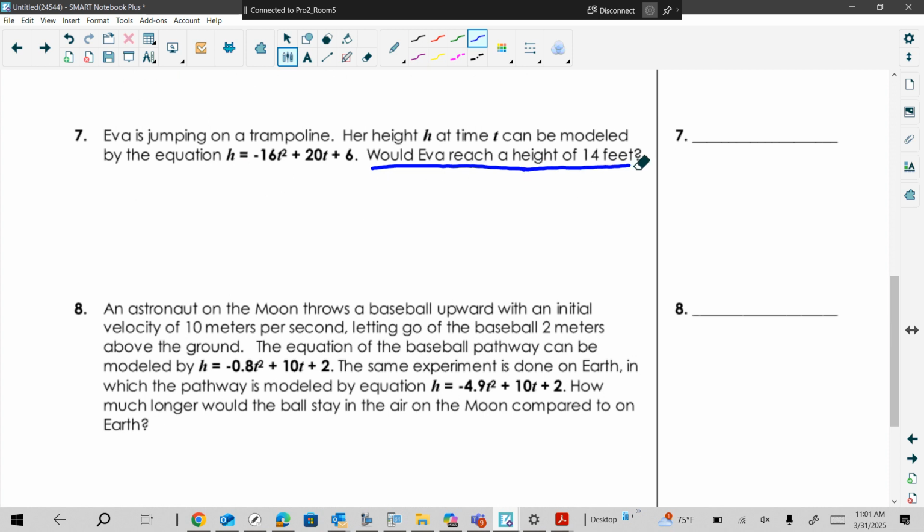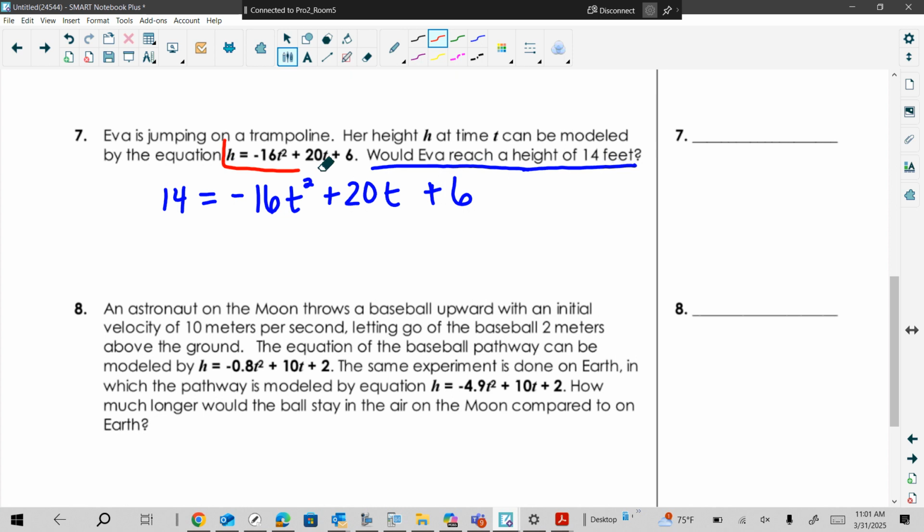Eva reach a height of 14 feet? Okay, so she's jumping on a trampoline. We're trying to see if it ever gets a height of 14. This goes back to number 4. So our height is 14. We have negative 16t squared plus 20t plus 6.